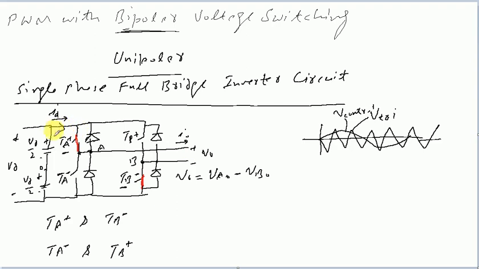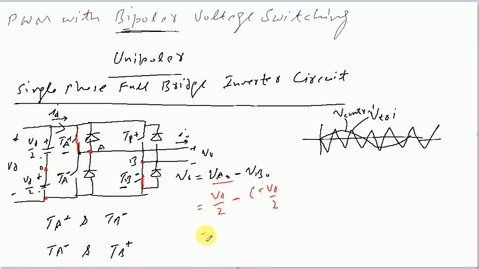So you can see that this point is connected all the way to this particular point, and the potential at this point with respect to this point, that is what we call VA naught, is equal to VD by 2. Similarly, the negative or reference point of the output voltage is connected to this particular point, and the potential of this point with respect to O is equal to minus VD by 2.